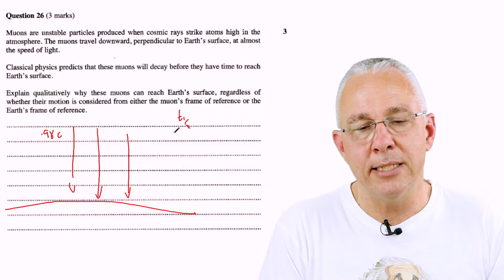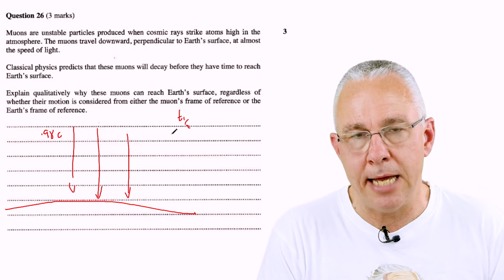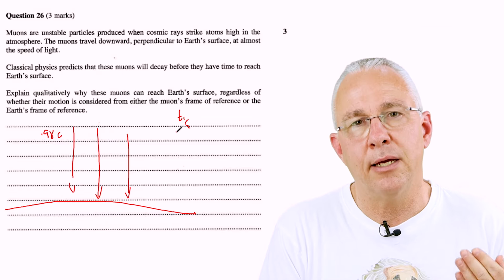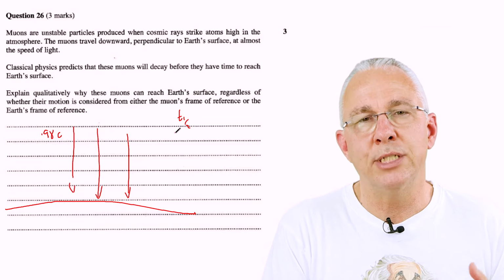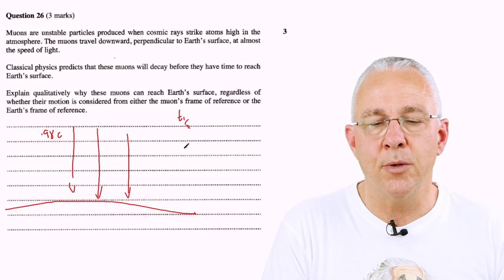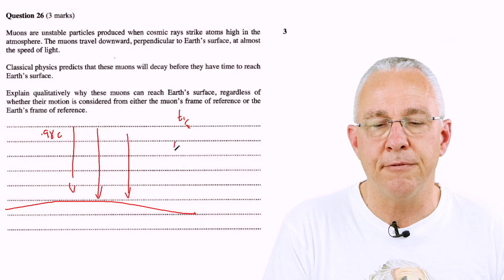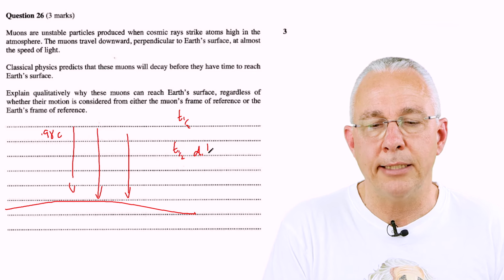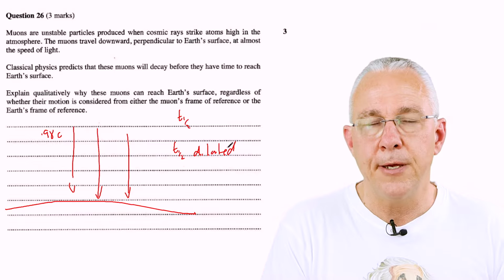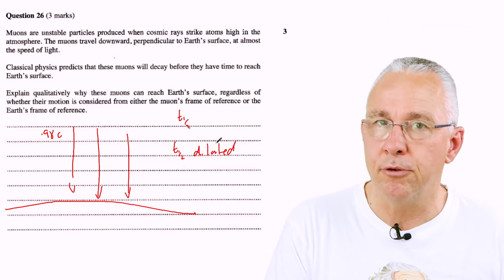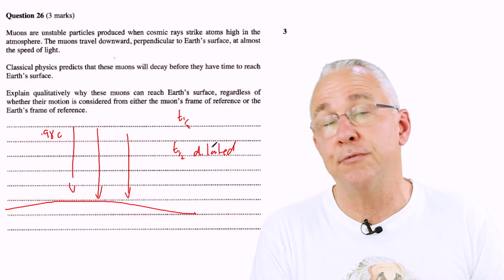Now, the muon experiences that, but we, observing them traveling at close to the speed of light, will see a dilated time. That is, it's an increased time. So the half-life of my muon is going to be dilated from our perspective. And so as a result, they are ticking slower. And so therefore, we'll have more time to reach the surface of the Earth.